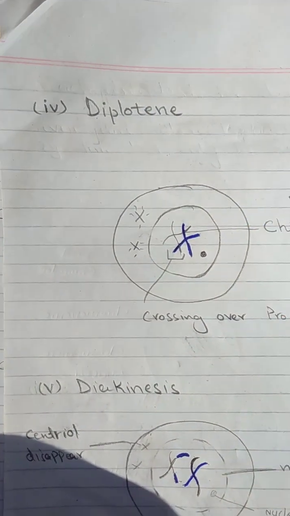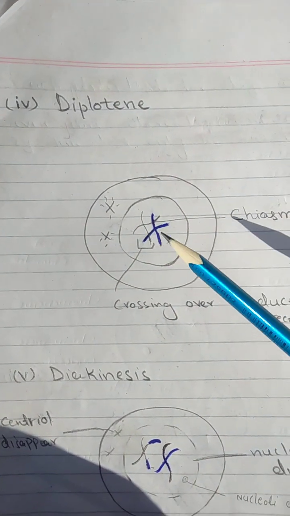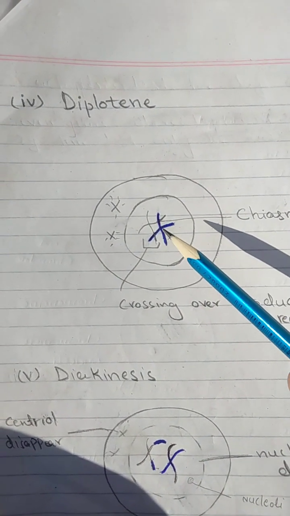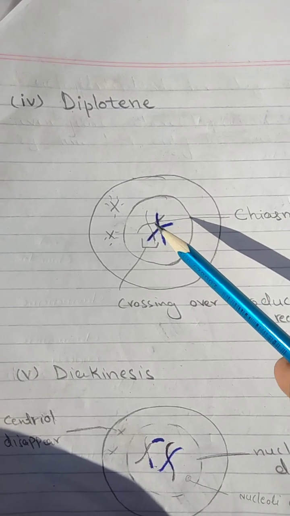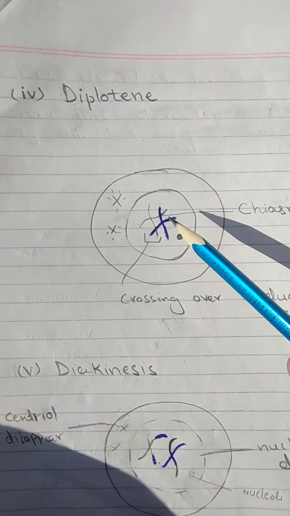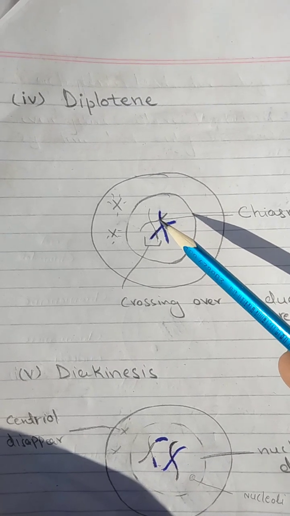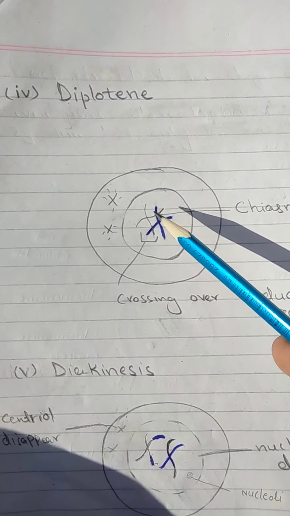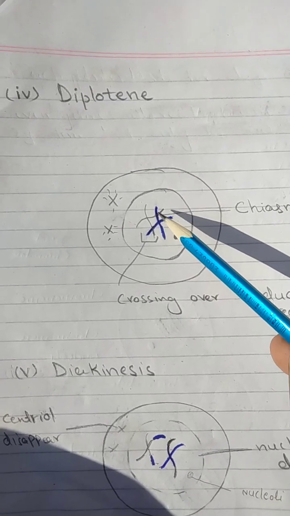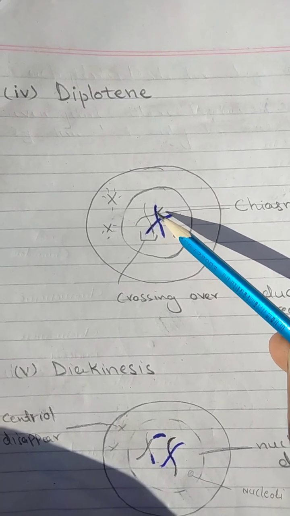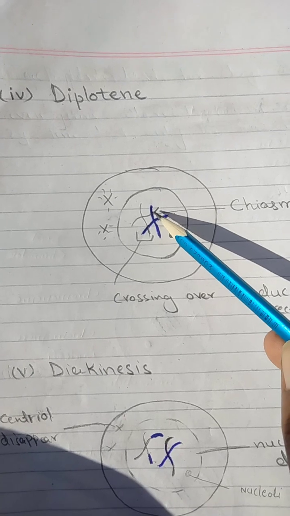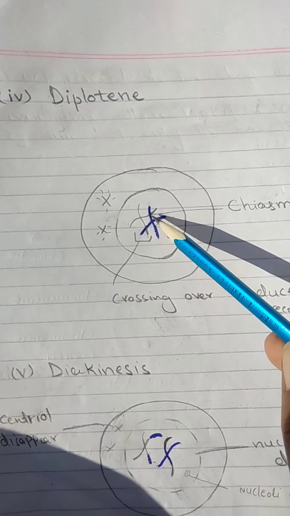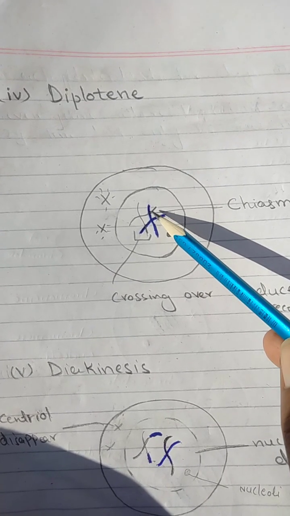In the diplotene phase, students, these homologous chromosomes cross over with each other. The gene of the father overlaps with the gene of the mother, this overlapping or crossing over takes place, and segments of the gene are exchanged.